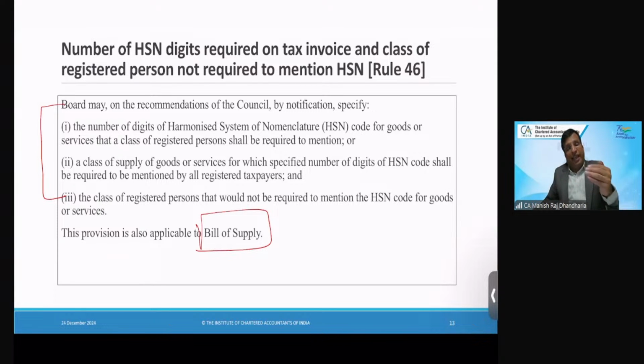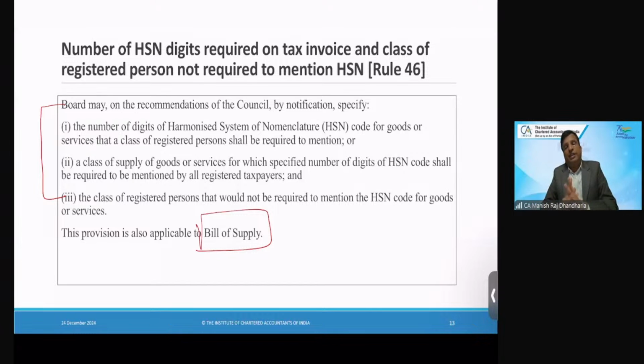As we discussed, the tax invoice is issued when there is supply of taxable goods or services. Similarly, bill of supply is issued when there is supply of exempt goods or services. जब आप exempt goods या service supply करेंगे, तब आप tax invoice तो issue कर नहीं सकते, क्योंकि tax invoice तो issue होगा only in case of taxable goods.